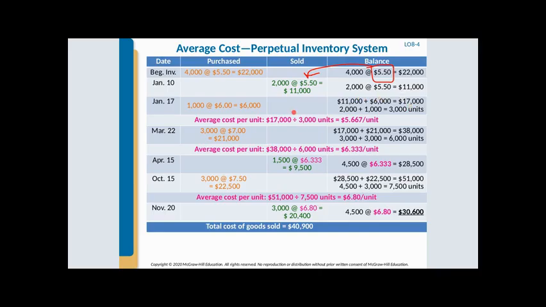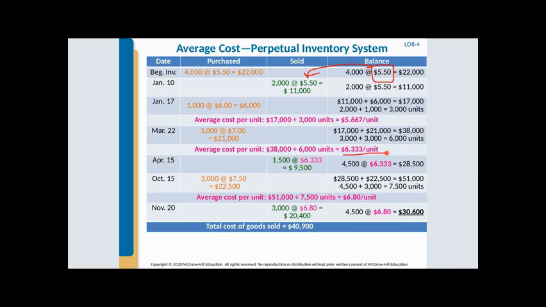So $17,000 divided by 3,000 units is $5.67 if you want to round it up. Then we have another purchase on the 22nd. And once again, we have to calculate the total amount of units and the total dollar value of those units, and then take that dollar value and divide it by the amount of units to come out to an average.